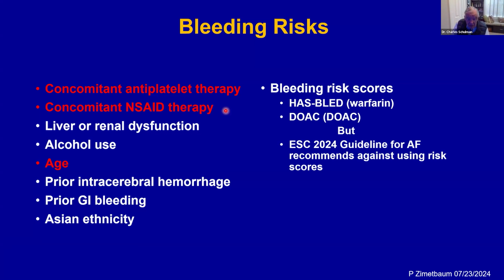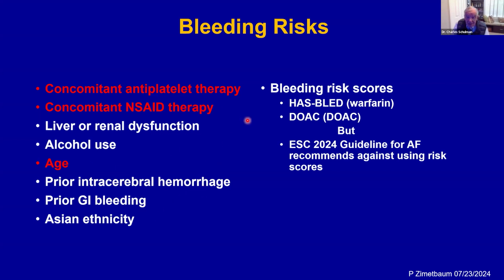So you have to specifically inquire and have people not do that. Liver or kidney dysfunction, alcohol use, age, nothing we can do about that. We hope that we all get older. Prior intracerebral hemorrhage, prior GI bleeding.